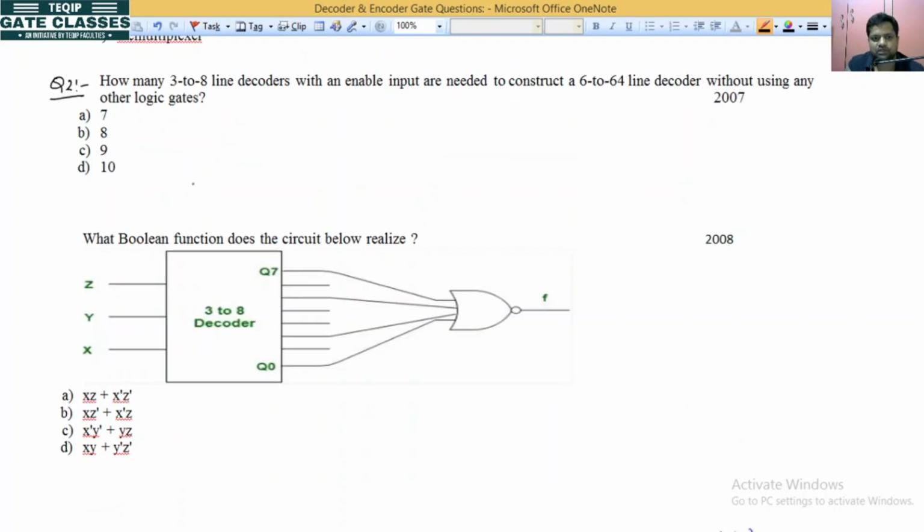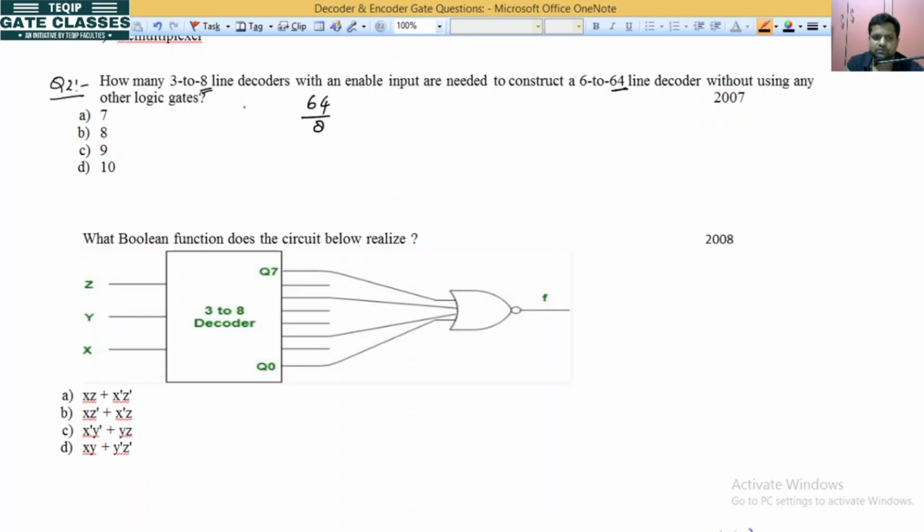How many 3x8 line decoders with an enable input are needed to construct a 6 to 64 decoder without using any other logic gate? Okay, I have told you earlier that if you have 64 here, we have 8 here, just divide this 64 by 8. The output of the 6 to 64 line decoder is divided by the 3 to 8 line decoder.